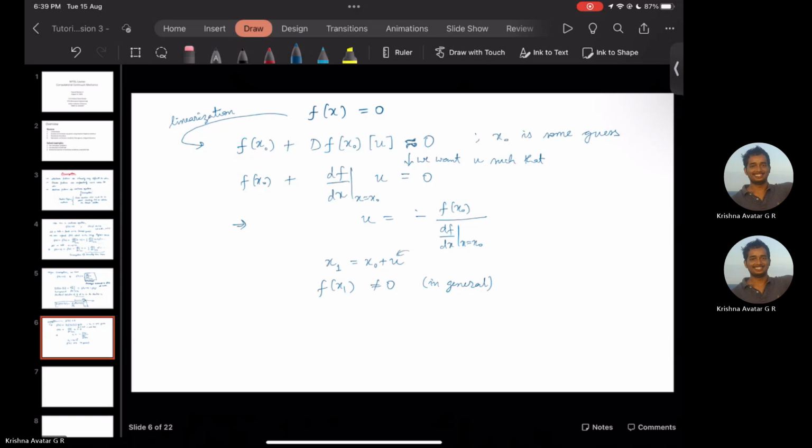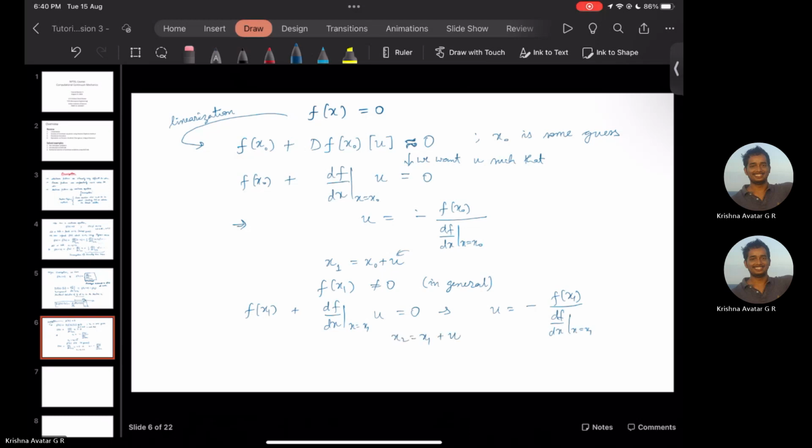So you again linearize about this. It's df by dx at x equal to x1, times u, and keep on doing it. So u is equal to minus f of x1 divided by df by dx at x1, and then we increment x2 equal to x1 plus u.